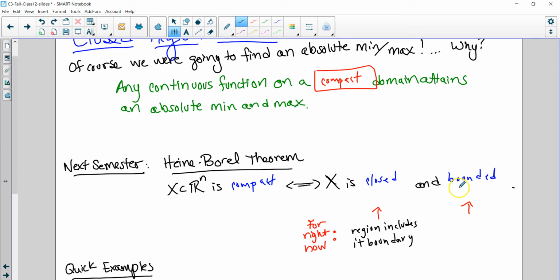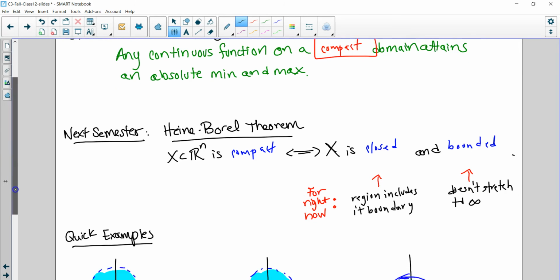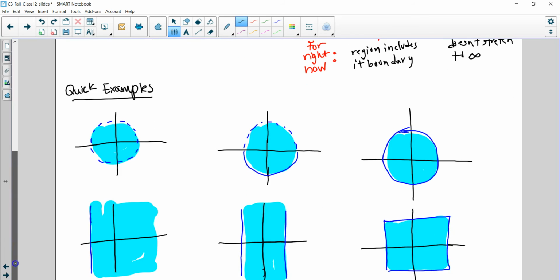If it's bounded, then it doesn't stretch to infinity. It's saying it is not unbounded. Again, these ideas are the foundations of what we talk about as topology, and we'll talk about that more at the very beginning of next semester.